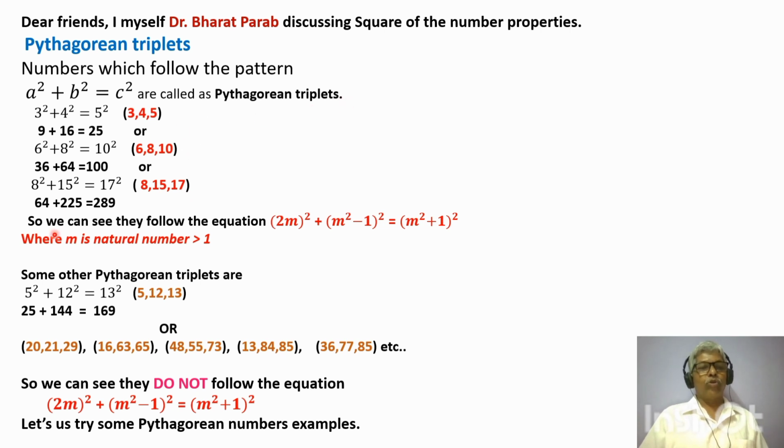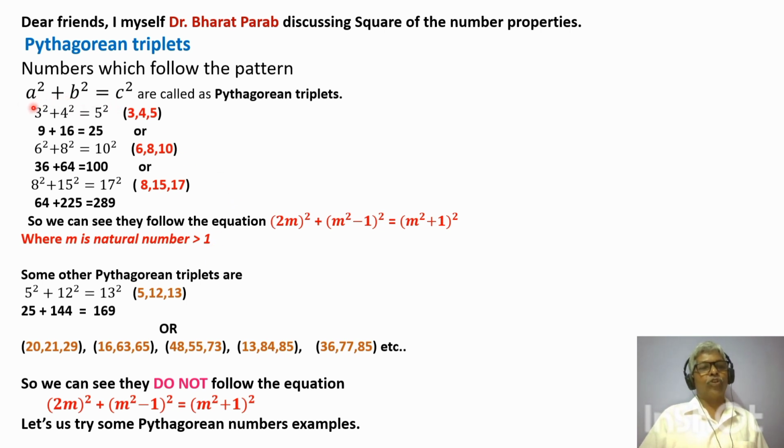Okay, so we can see that they follow the equation (2m) square plus (m square minus 1) square equal to (m square plus 1) square, where m is a natural number greater than 1.